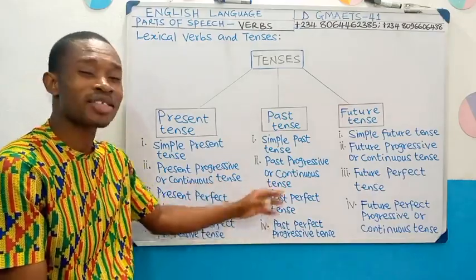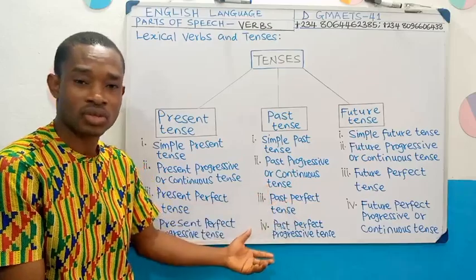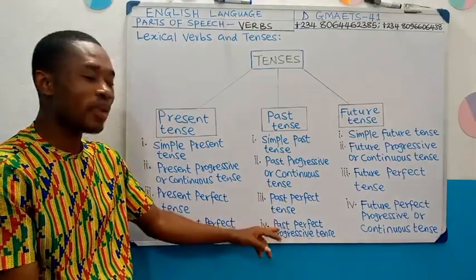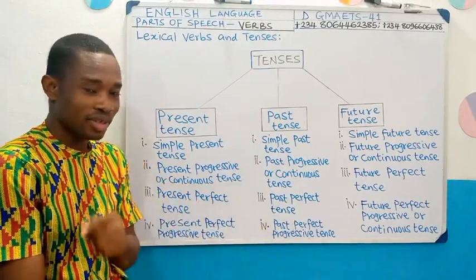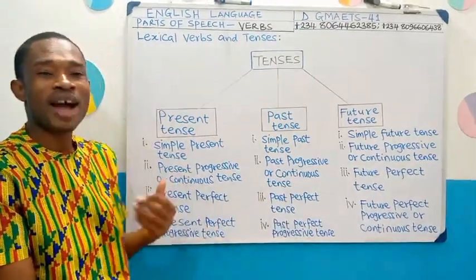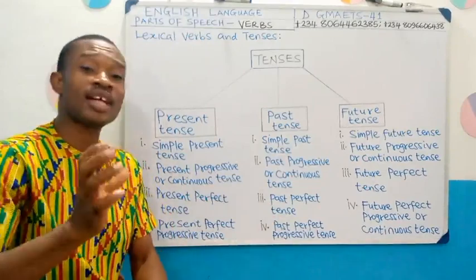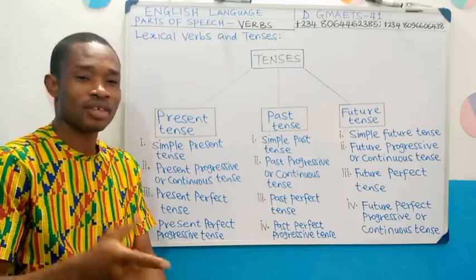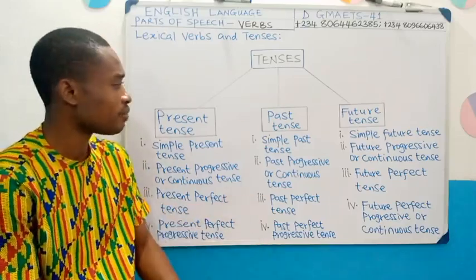We have the past perfect tense. 4. We have the past perfect progressive tense. Remember, this past perfect progressive can also be called past perfect continuous tense, in case you see that anywhere, is that okay? Continuous and progressive, they are the same thing as used in tenses.